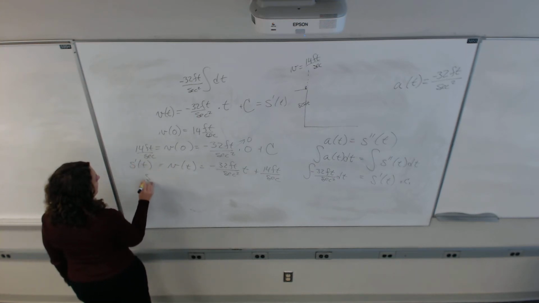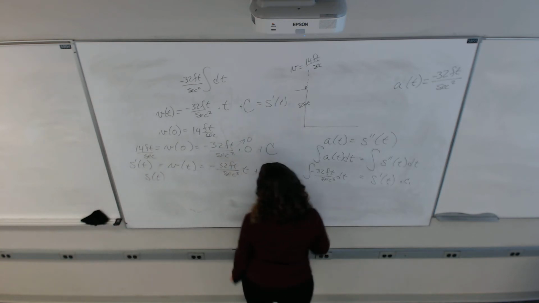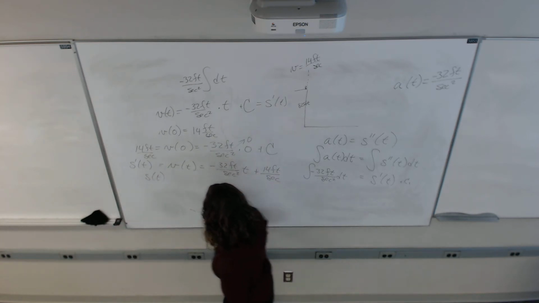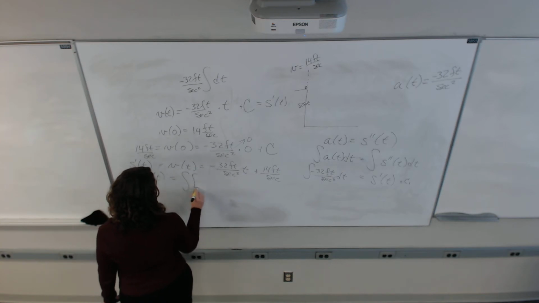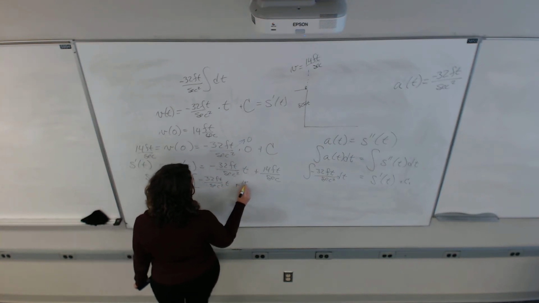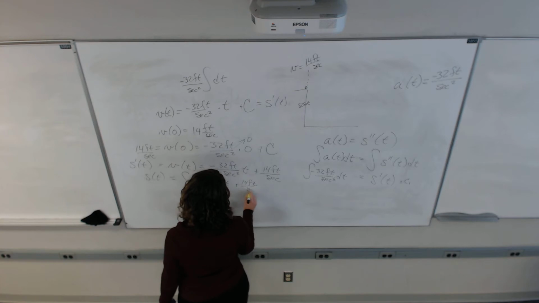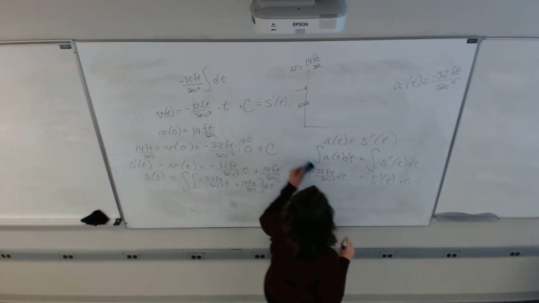To get s, this would roll up another constant, but I'll just roll it into the right side. So I'm going to integrate negative 32 feet per second squared t plus 14 feet per second with respect to time. And what does that give us?